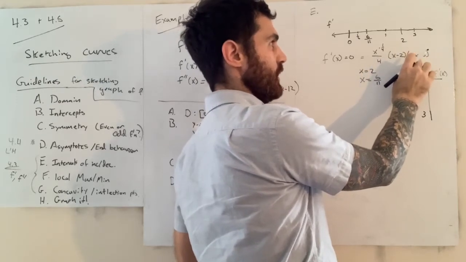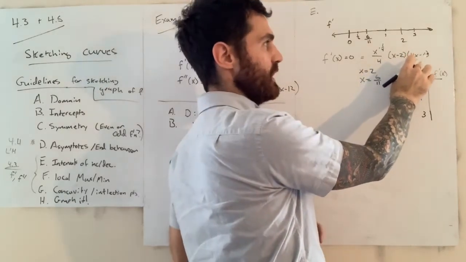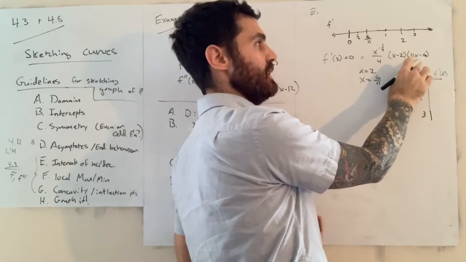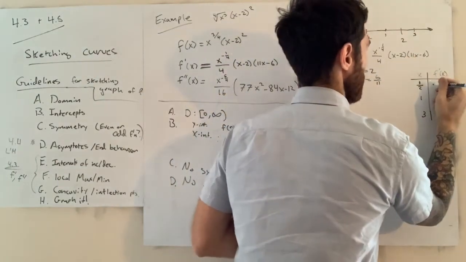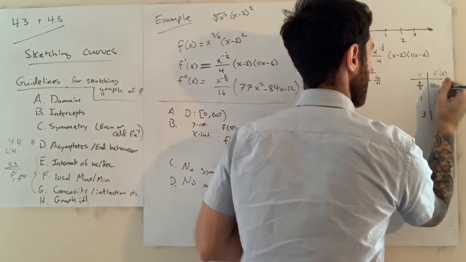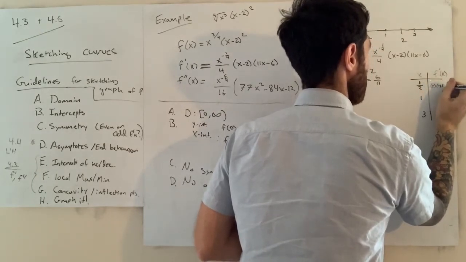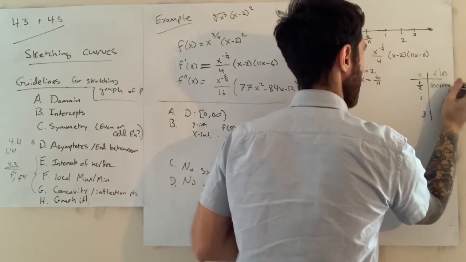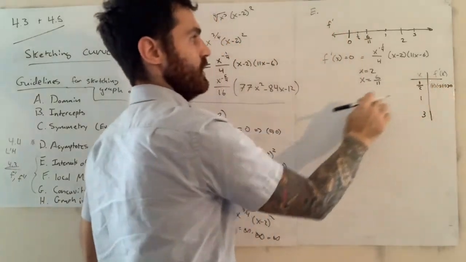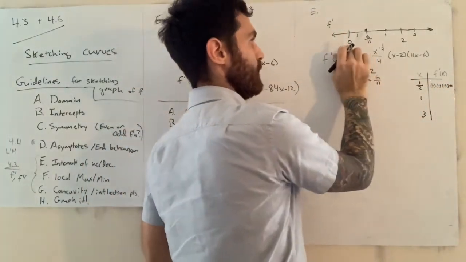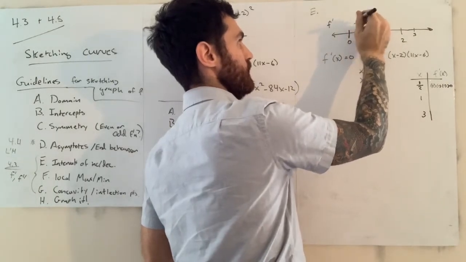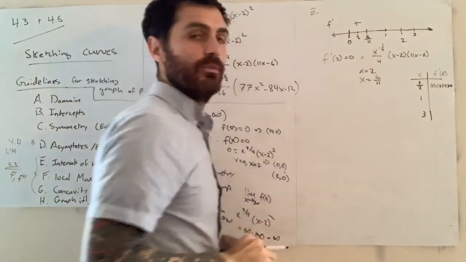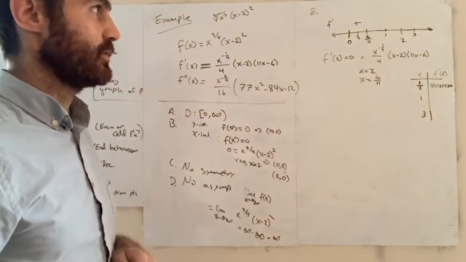Plug it into here. Maybe you'll have to do some calculation, but you can see, if you think about it, that's going to give you another negative number. So you'll get a positive times a negative times a negative. And that's going to be greater than 0. So we know from 0 to 6 over 11, the derivative is positive. So our function has to be increasing.